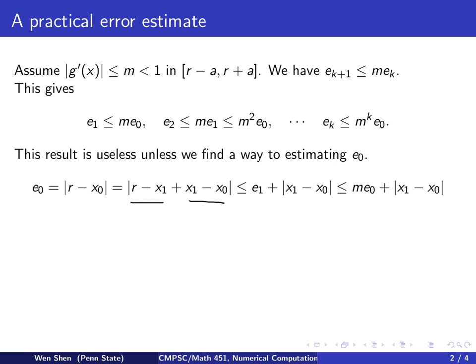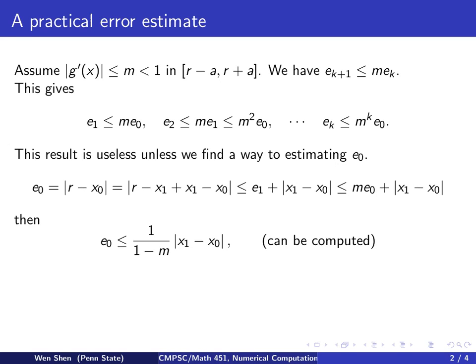And then we use our estimate: e1 we know is bounded by m times e0. So now we have an inequality involving e0 and other quantities that we actually can compute. This will give us a way of finding e0.